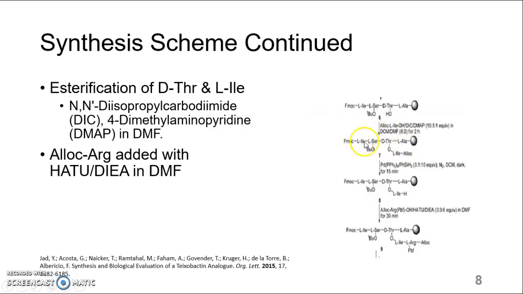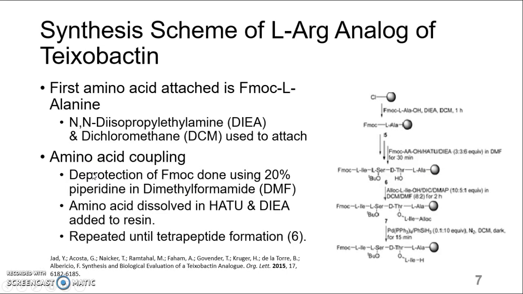And after that step, we have a removal of the alloc group, and then alloc arginine is coupled with L-isoleucine, and it's done just as the previous amino acids were added to the deprotected amino acids, after the deprotection of the FMOC group of the previous amino acids.